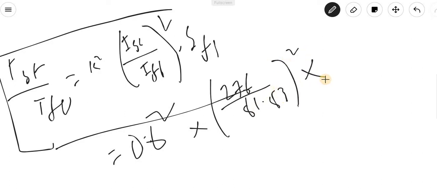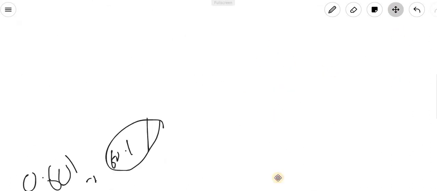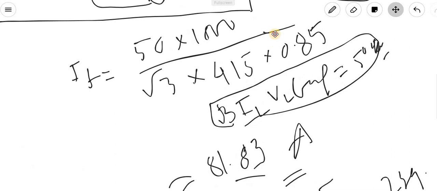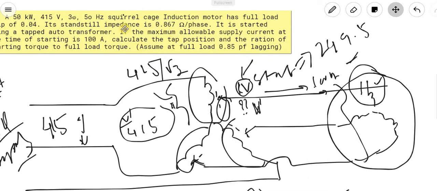Square into how much slip was? Slip was 4%, full load slip of 0.04.